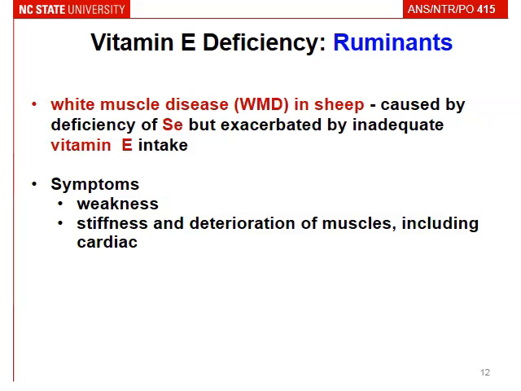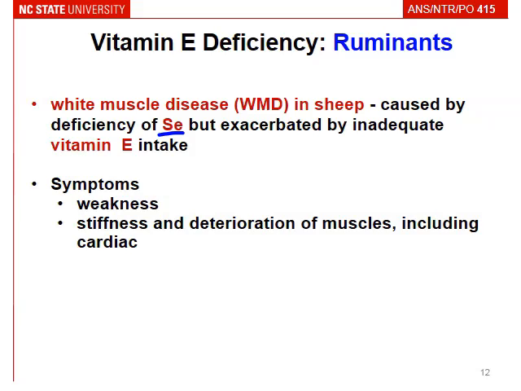When we have vitamin E deficiency in ruminants, it is usually in conjunction with selenium. Selenium is one of those minerals that has antioxidant properties, and this is because it's part of glutathione peroxidase, which we'll talk about in a few minutes. In ruminants, we get white muscle disease in sheep, and it's more common than in cattle.